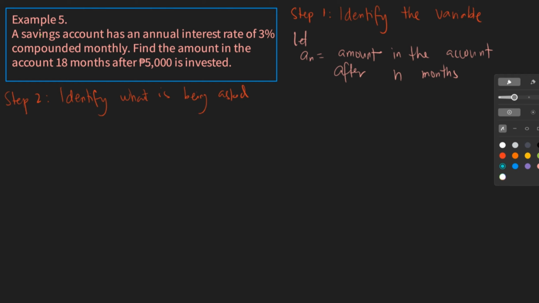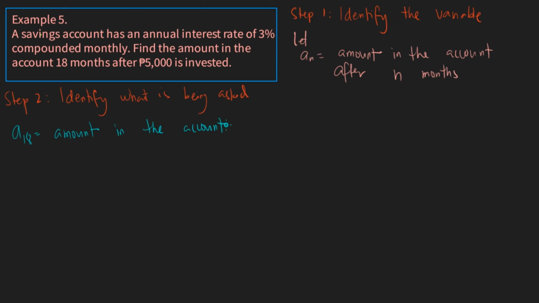So this means that we want the A sub 18. Again, we want the amount, the A18 amount in the account 18 months after. This is what we want.